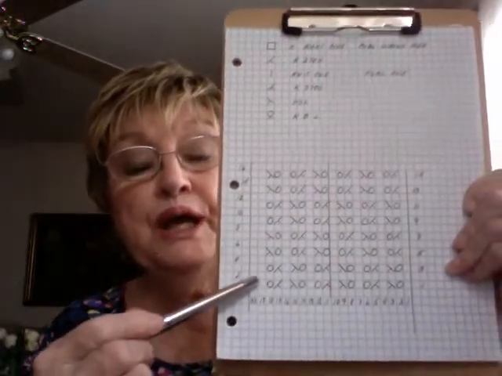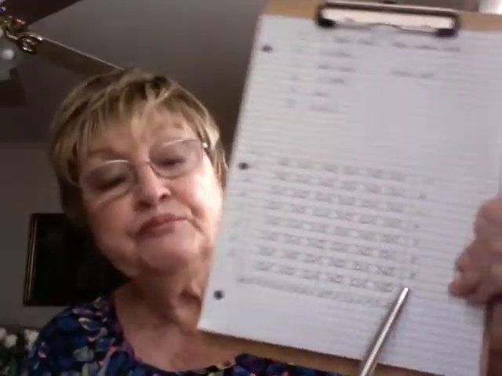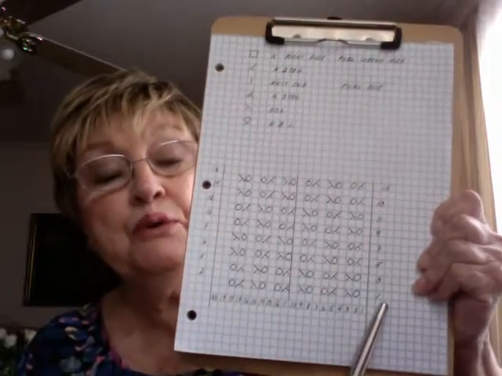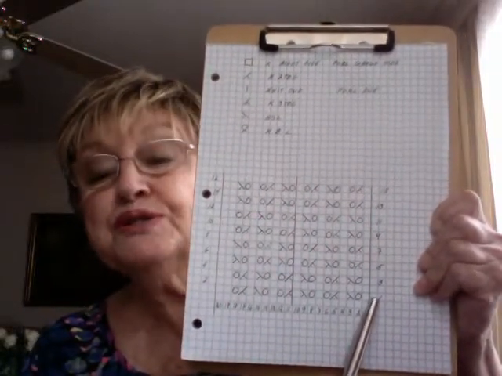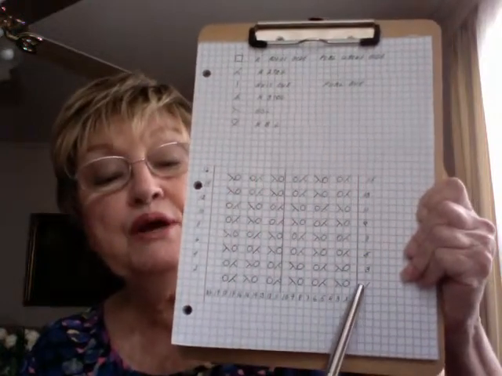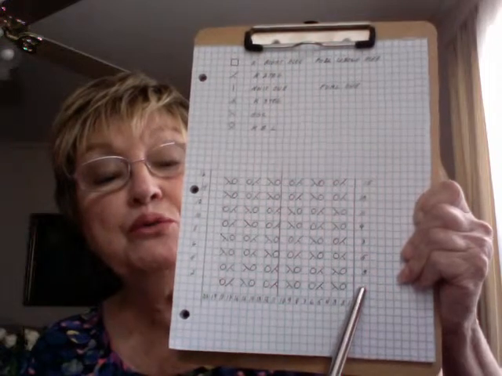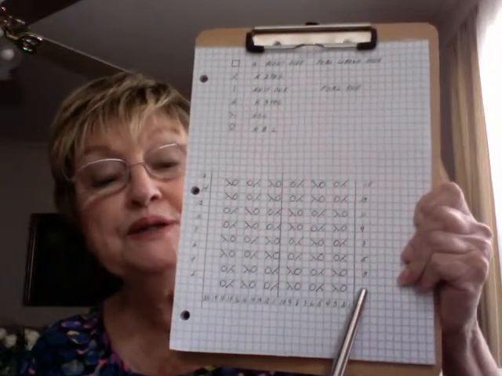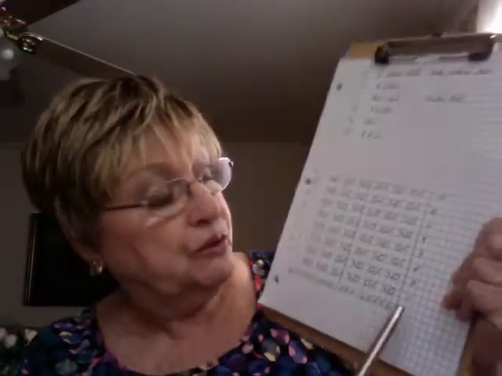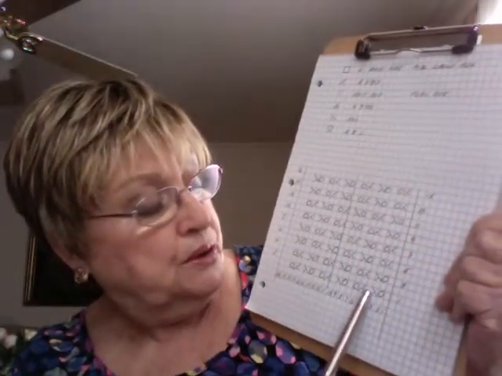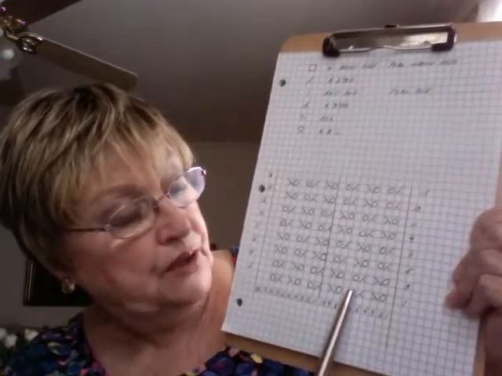Row number 1, right here where it says the number, is where your row is going to start. So for row number 1, you're going to start reading from right to left. That means yarn over, slide, slide, knit, knit together, yarn over.